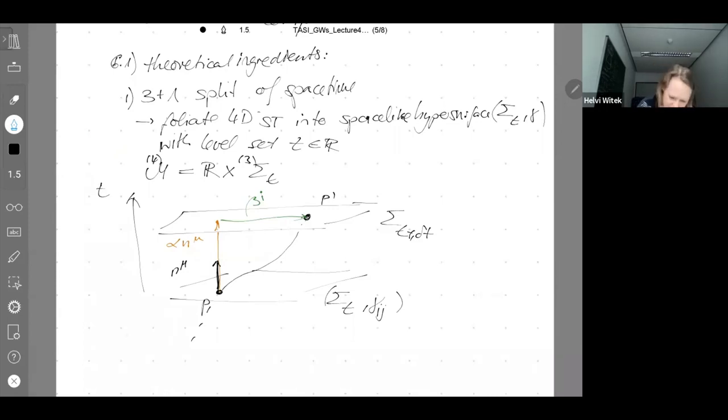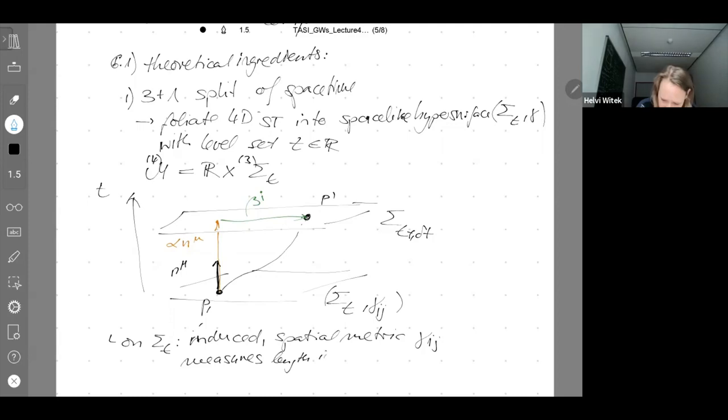So as I said, we have on our hypersurface a 3-metric, or an induced spatial metric, gamma ij, that measures lengths within this hypersurface. So you would have some, say, dl squared line element in Sigma given by gamma ij dx^i dx^j.